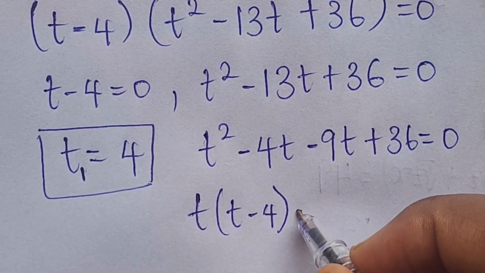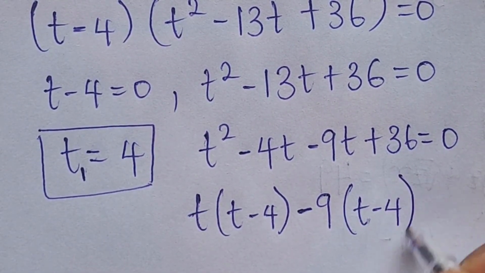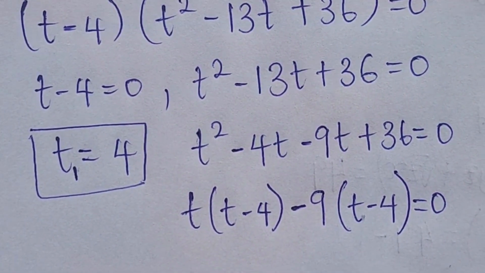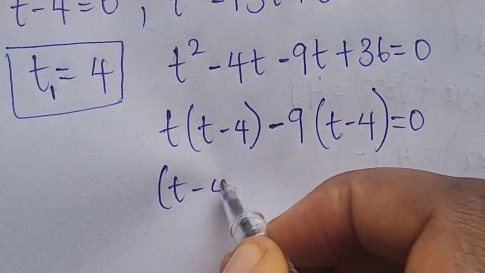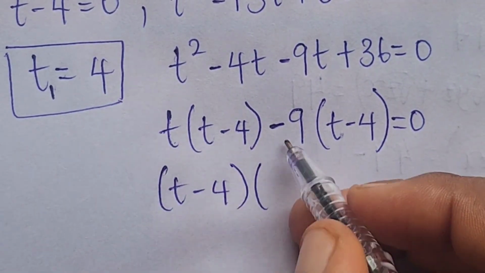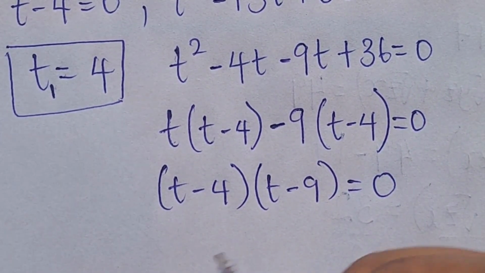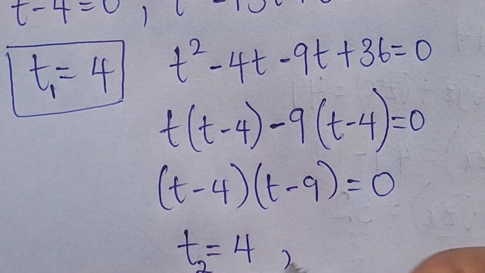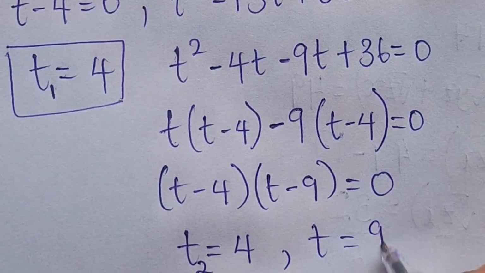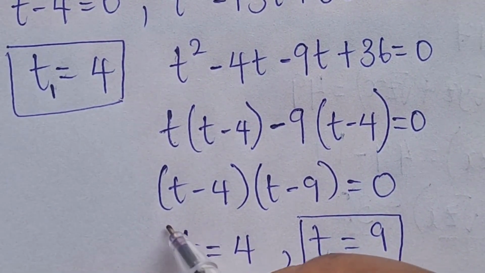When we factor out minus 9, we are left with t minus 4, equal to 0. We have a common factor, t minus 4, and we are left with t minus 9 equal to 0. So t is equal to 4, and t is equal to 9. So we've gotten the three values that we are looking for.